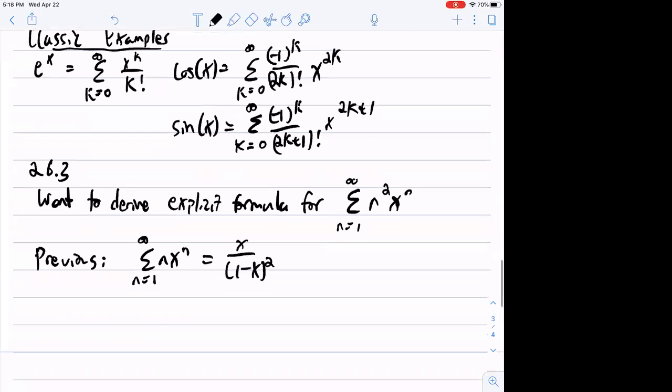So let's start off with this summation. How can I get an n squared? Any ideas? It's not that hard. I need to go from an n to an n squared.